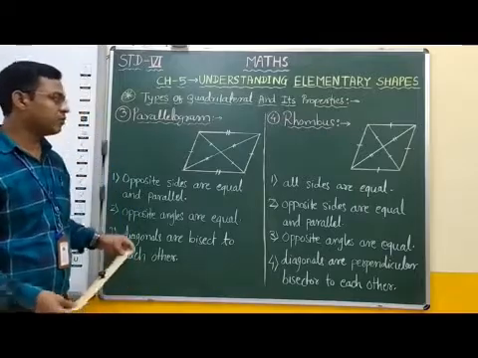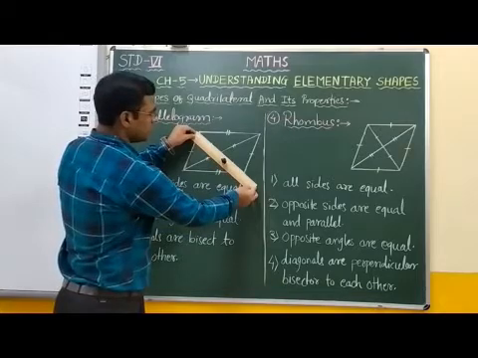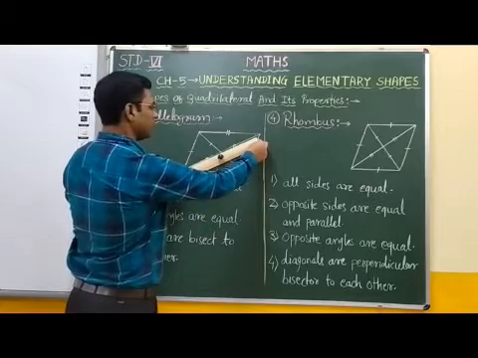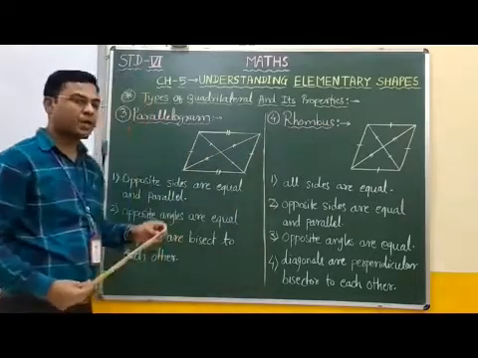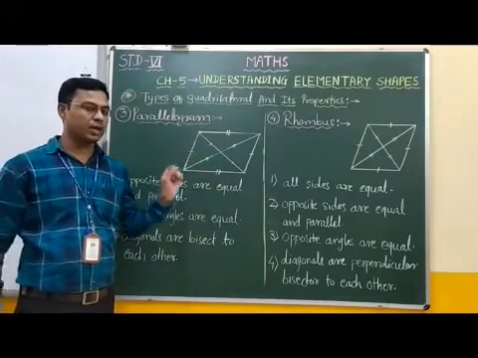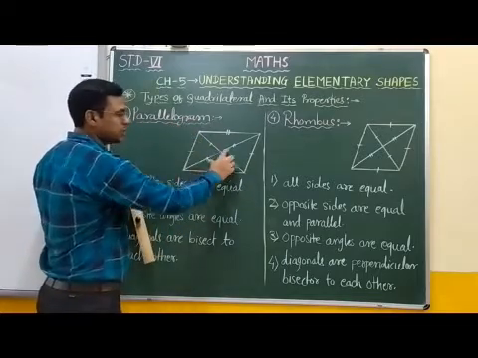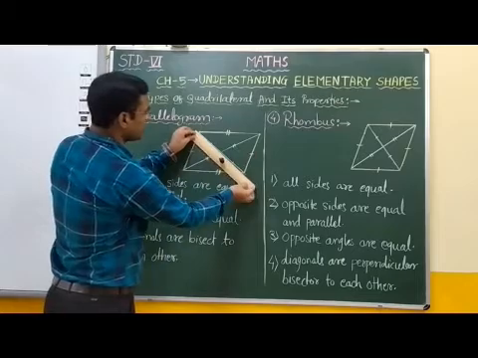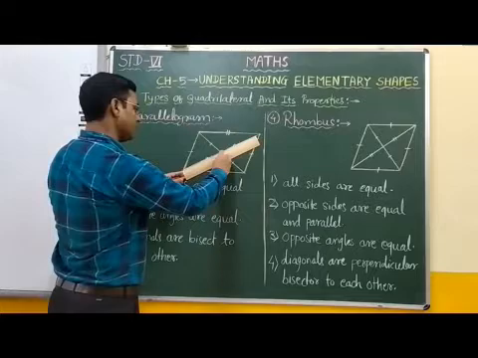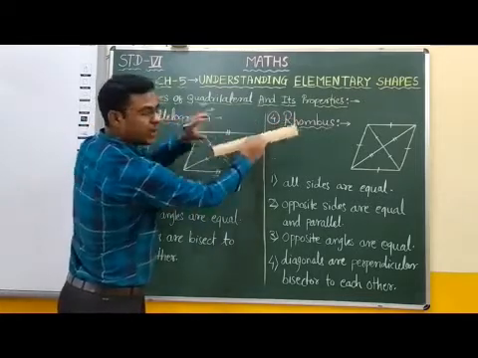Here, if we measure the length of these two diagonals, the first diagonal is 12 centimeter and the second diagonal is about 15 centimeter. Now we observe these two diagonals are not equal, but if we measure this distance and this distance, we observe that it is 6 centimeter, and this one is 7.5 and 7.5.